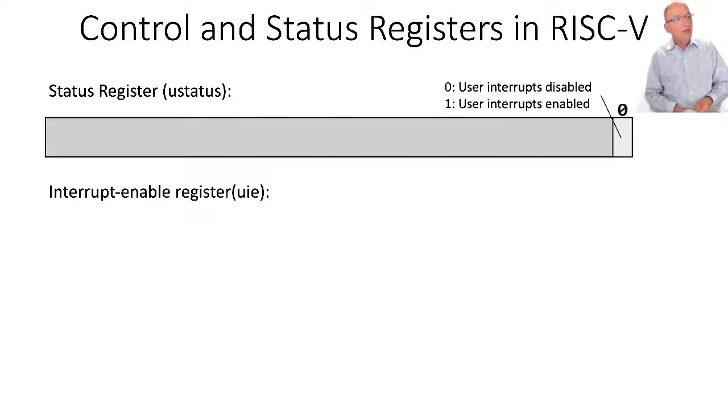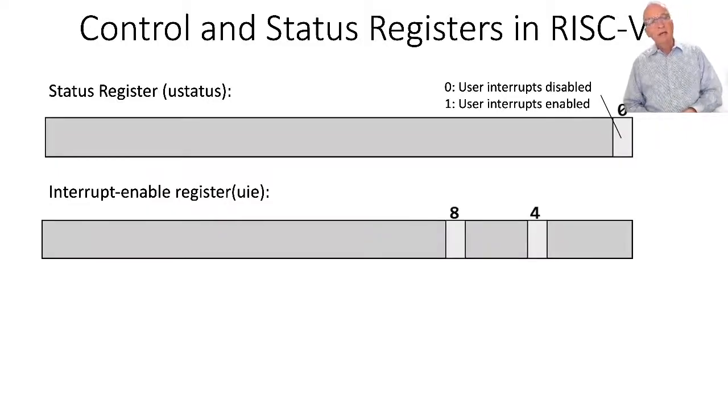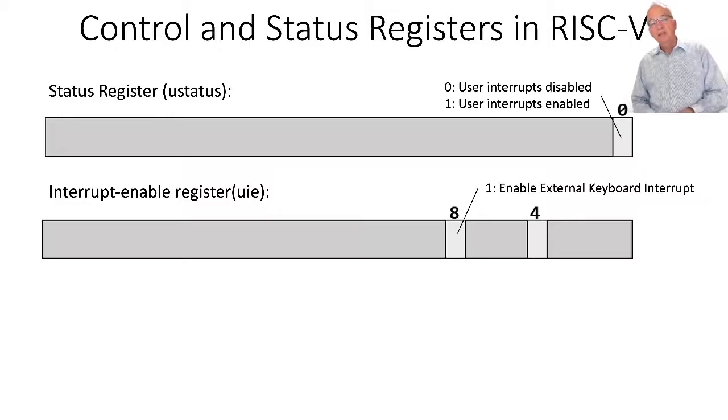And then we have the interrupt enable register, or UIE, for user interrupt enable. In that register, we're going to be especially interested in two bits: bit 8 that enables external keyboard interrupts, and bit 4 that enables external timer interrupts.